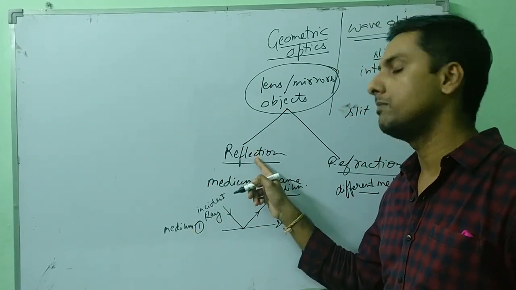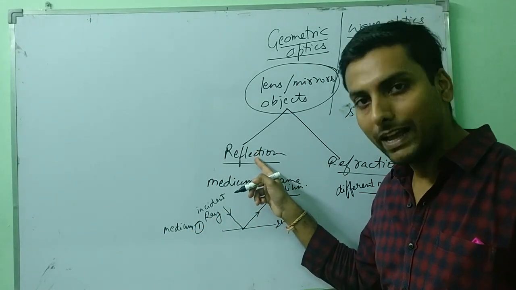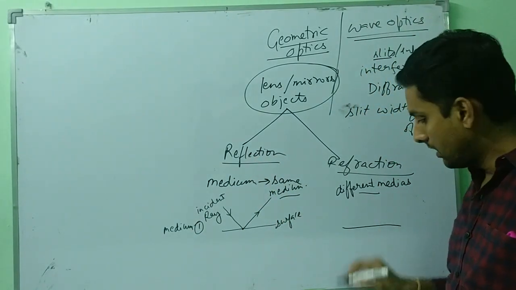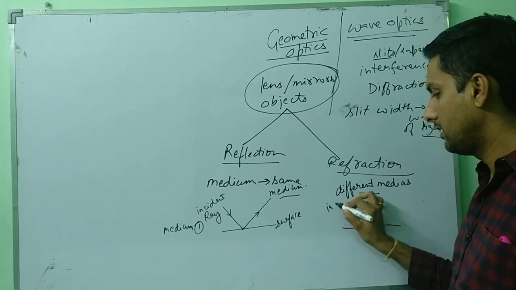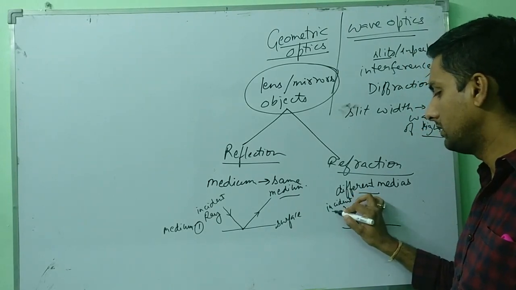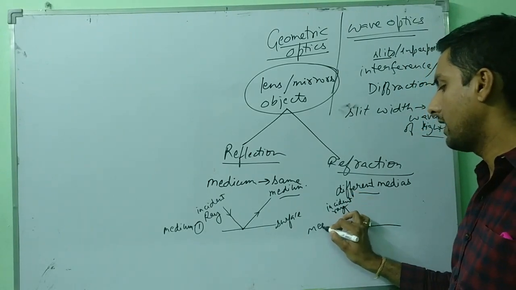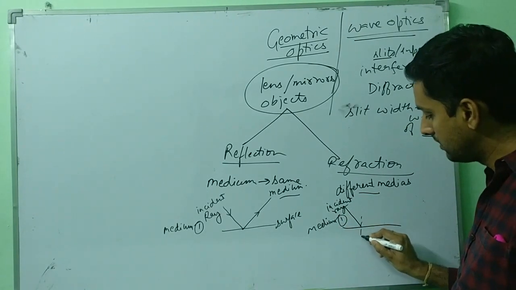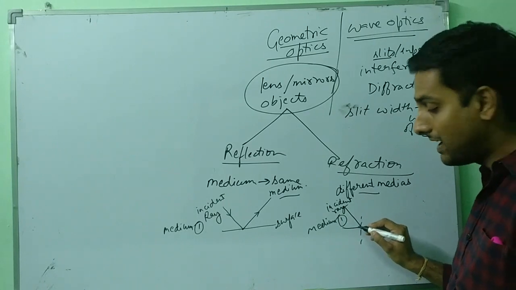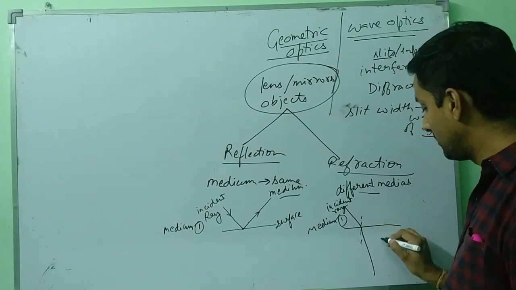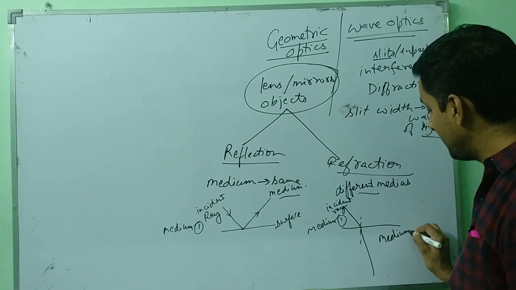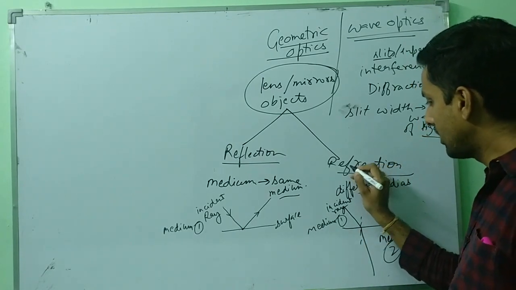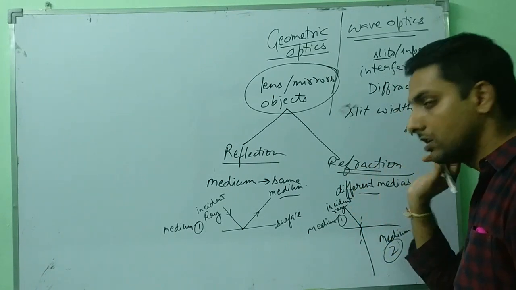Then that process will be termed reflection. While in the other case, if you take the incident ray in medium 1, it does not bounce back, but it goes into the other medium. So that means the medium is changed. That part is called refraction. Now you can say here, fraction.